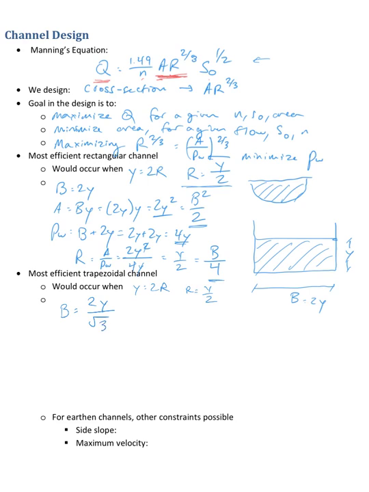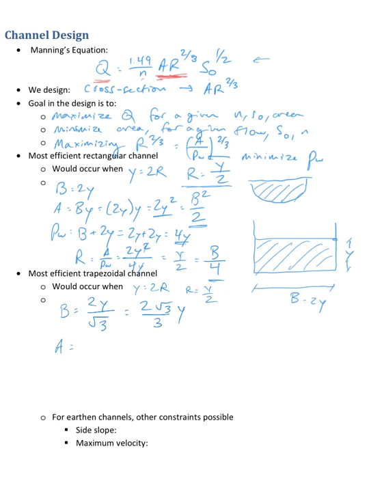I need my base to be 2y over root 3, which is the same thing as 2 root 3 over 3y, in order to achieve this condition of y equals 2R, which is my most efficient cross-sectional channel shape.